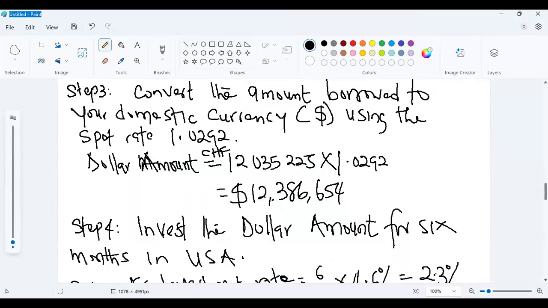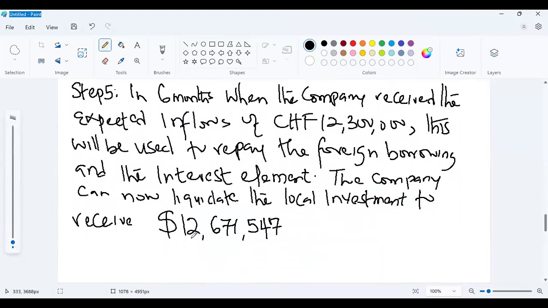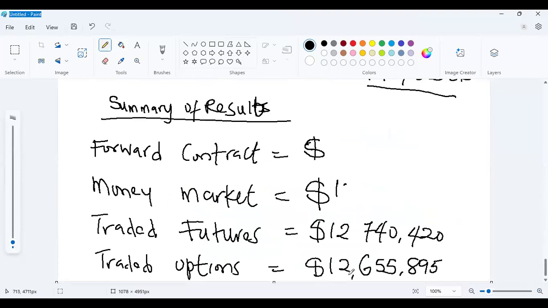Let's check the first two workings we did. Under money market, we are going to get 12,671,547. Then under forward contract, how much are we getting?